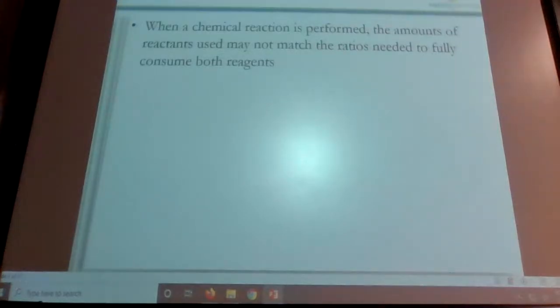I will have something left over at the end, a little bit of one of these chemicals that didn't fully react. That's what we're trying to do with limiting reagents. I want to know which chemical ran out first, which one I have left over, and more importantly, how much I have left over. That's going to be important for industrial, real life kind of job purposes.